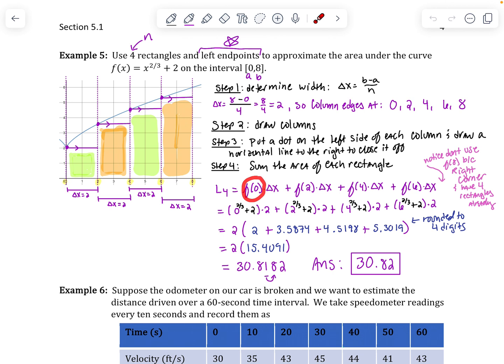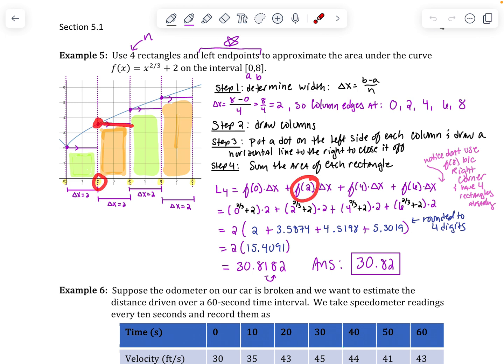But for the height, instead of looking at the graph, I'm going to use the function. For my first column, it was the left side when x was 0 that determined the height. So I plug x equals 0 into my function, giving 0 to the 2/3 plus 2, which is really just 2.